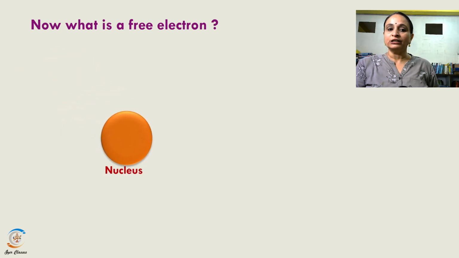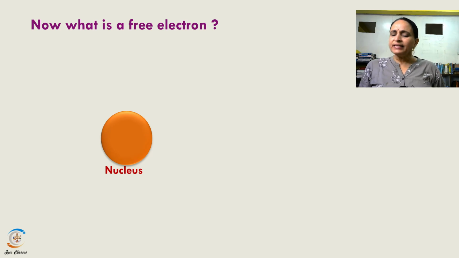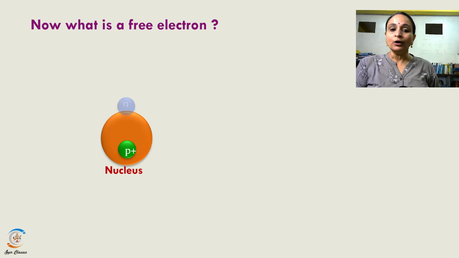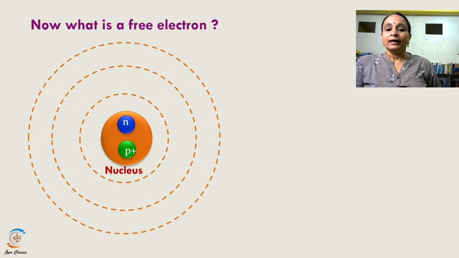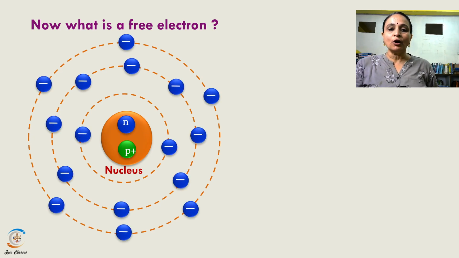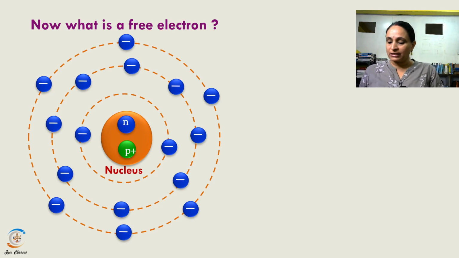if you have got the atom, inside the atom you have got the nucleus, which has got the protons, which is positively charged, and the neutrons, which is neutral, right? Now around this nucleus, to make it very simple, we have got some orbits around it, and in each of this orbit, we have got some electrons.